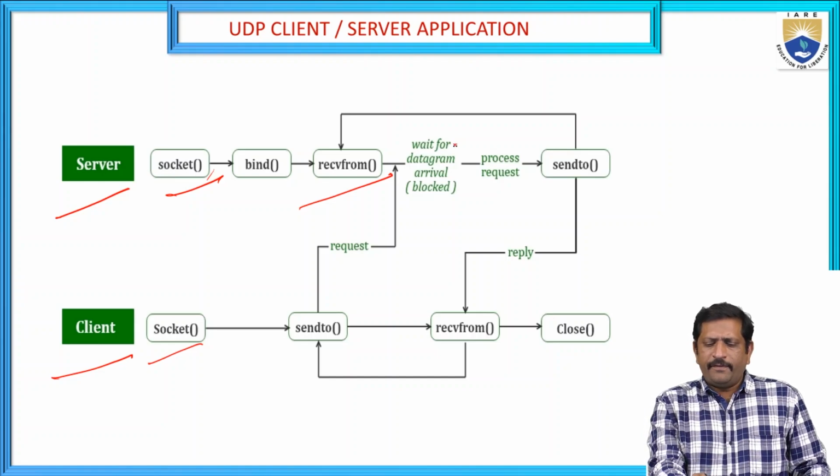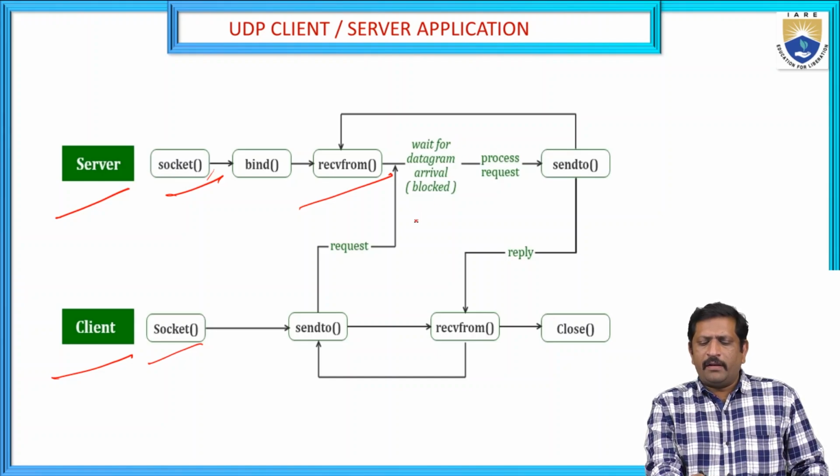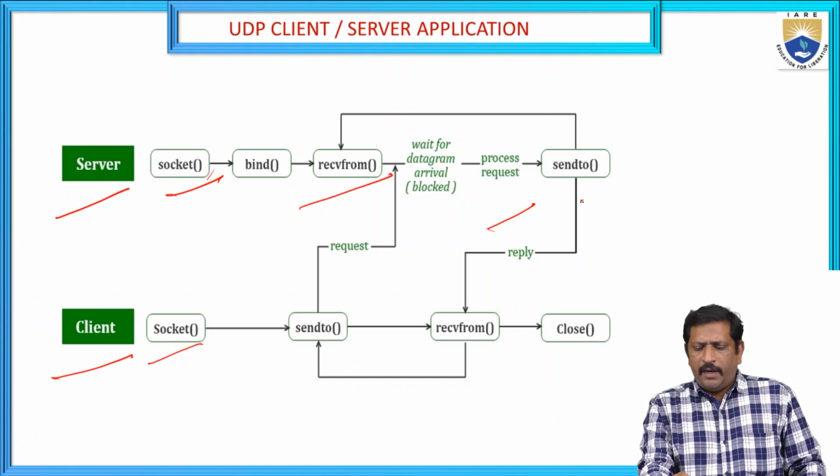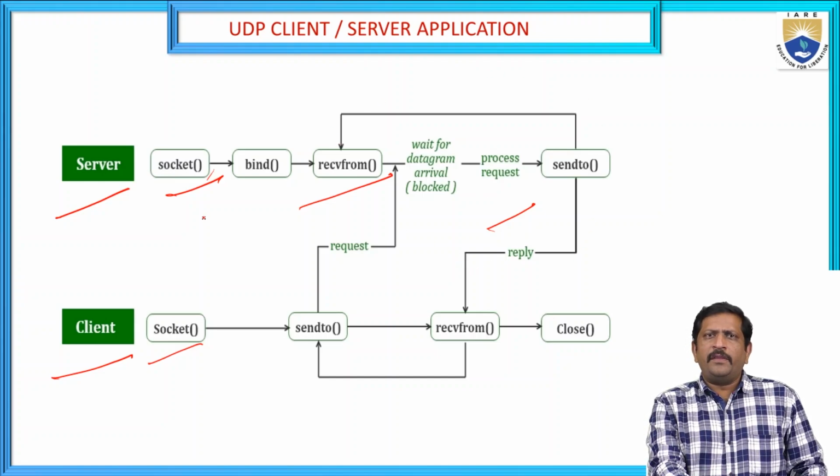The server waits for the datagram arrival, blocked, and then processes the request. Whatever request is received can be processed, and the reply depends upon the request.